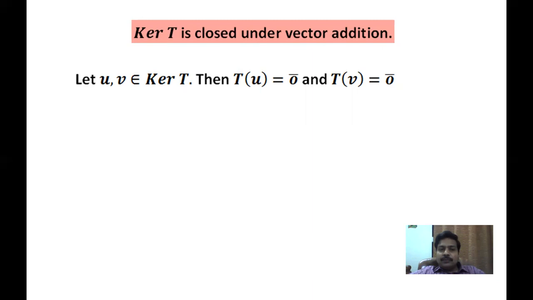This is the property of kernel T. If any element is in kernel T, then it must be mapped onto the zero vector of W. So these two elements u and v also must be mapped to the zero vector of W, that is O bar. So T of u is equal to O bar and T of v is also O bar.